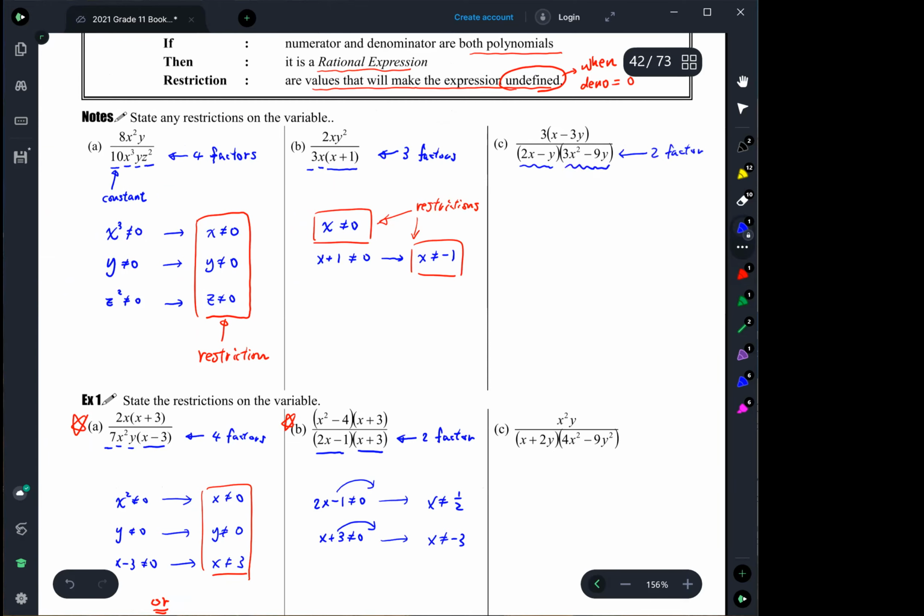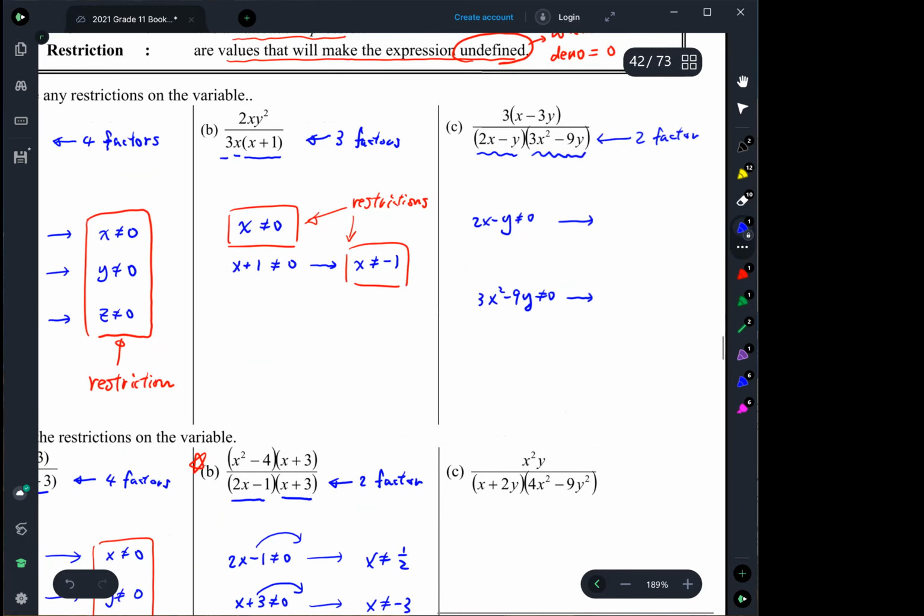So we take each one, make it not equal to 0, and then isolate the x. If you have a mix of x and y, you only isolate the x. So your restriction will have y inside.